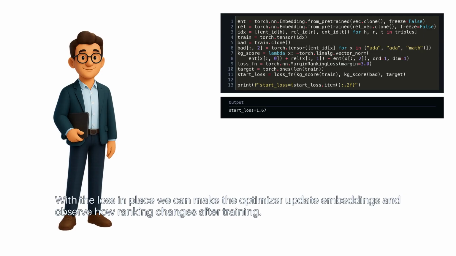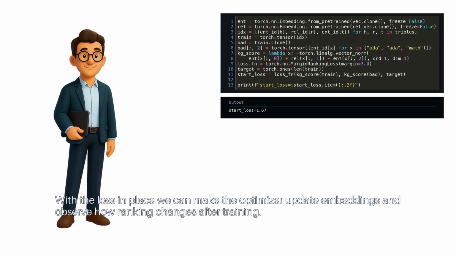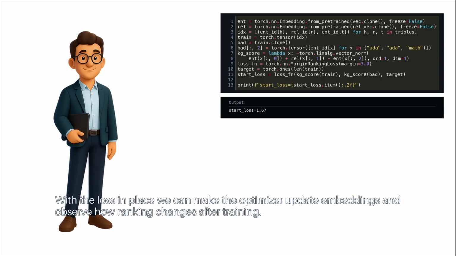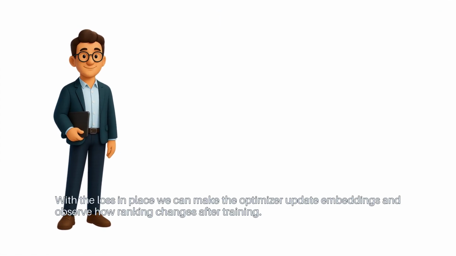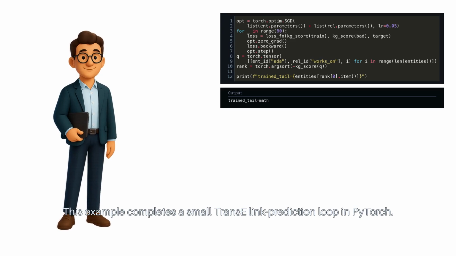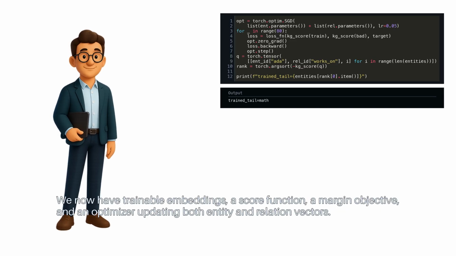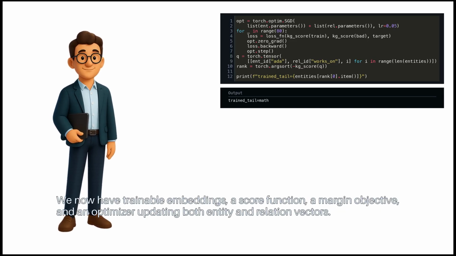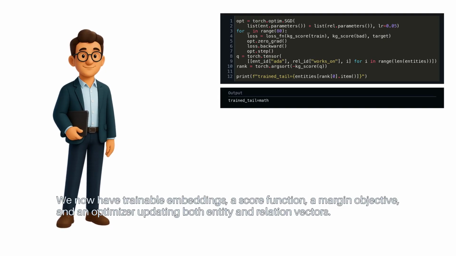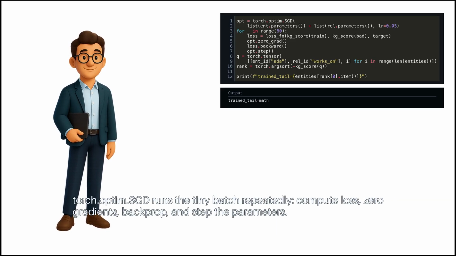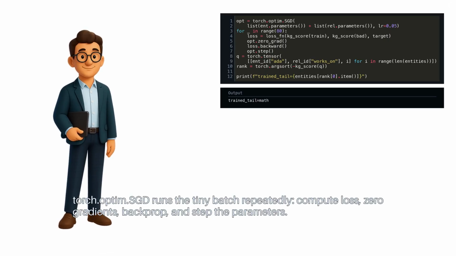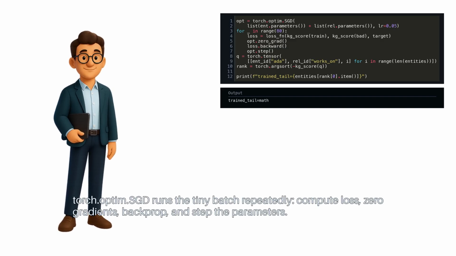With the loss in place, we can make the optimizer update embeddings and observe how ranking changes after training. This example completes a small TransE link prediction loop in PyTorch. We now have trainable embeddings, a score function, a margin objective, and an optimizer updating both entity and relation vectors. torch.optim.SGD runs the tiny batch repeatedly: compute loss, zero gradients, backprop, and step the parameters.